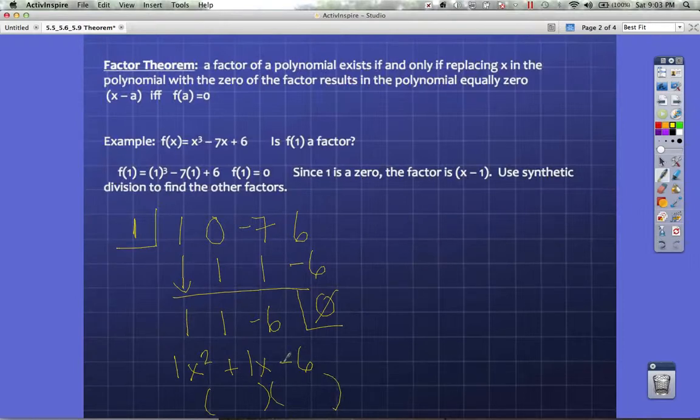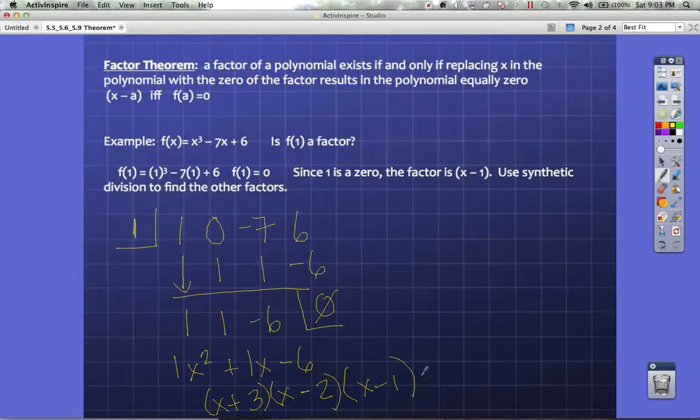Factors of 6 that subtract to be 1, that's 3 and 2. You have x, and then we have opposite signs, but the biggest number has to be a plus. So that'll be a plus, and that'll be a minus. And then, of course, x minus 1, don't forget that. That is also a factor.